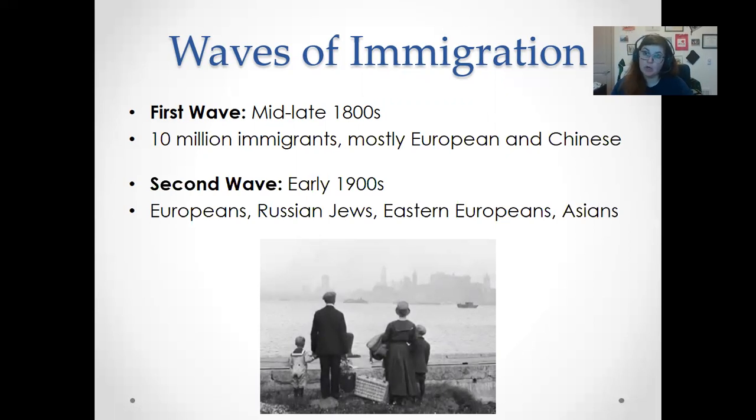We also get more Eastern European people, so like Ukraine, Poland, etc., and then Asian people, so not just Chinese, but also Japanese, Indian, Indonesian, Filipino, etc., right? So basically immigration is spreading across the world.